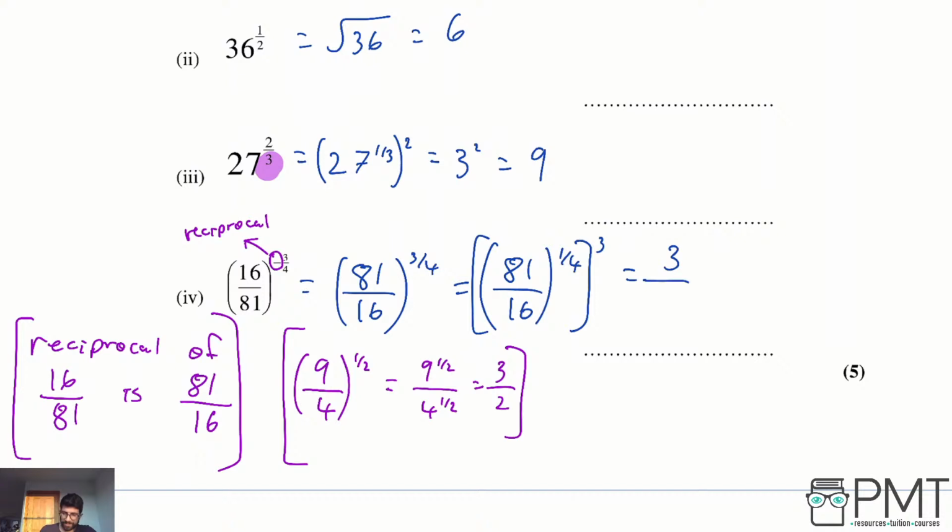And then we need the fourth root of 16, which is a 2. This needs to be cubed, and then same rule, you apply it individually. So 3 cubed is 27, 2 cubed is 8.